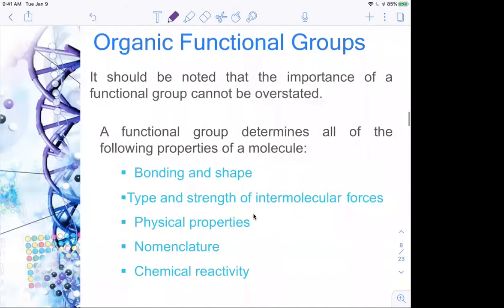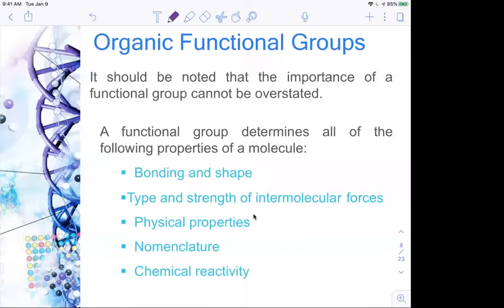So it should be noted that the importance of a functional group cannot be overstated. The functional group that is present in a specific molecule determines all of these properties listed. It determines the bonding and the shape, the type and the strength of intermolecular forces that are present.